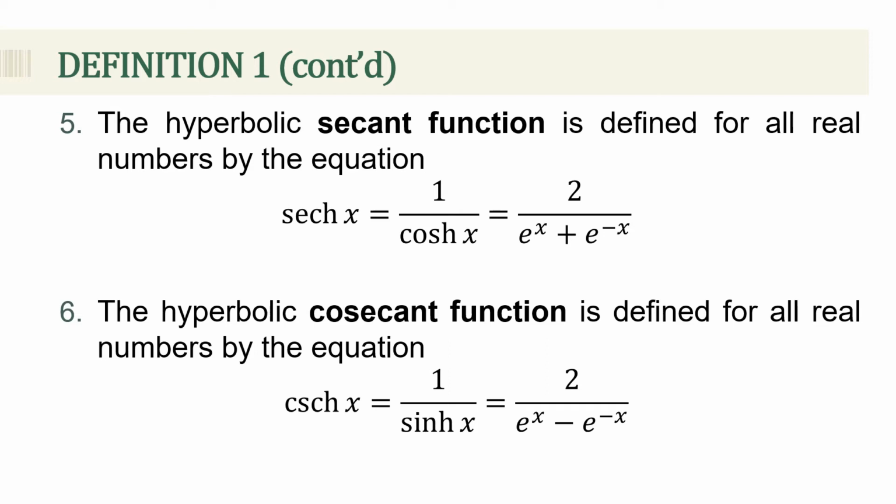And lastly, the hyperbolic cosecant function is defined for all real numbers by the equation hyperbolic cosecant of x is equal to 1 over hyperbolic sine of x. So it is also just flipped, becoming 2 over e raised to x minus e raised to negative x.